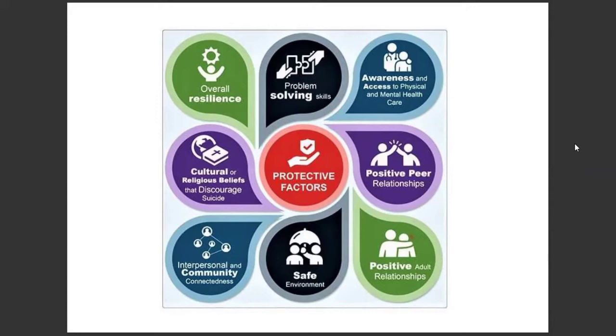Resilience is the ability of a person to maintain a positive mindset despite being in a negative situation. Problem-solving skills, awareness and access to physical and mental health care, cultural or religious beliefs that discourage suicide, positive peer relationships, safe environment, interpersonal and community connectedness, positive adult relationships. So these are the examples of protective factors.